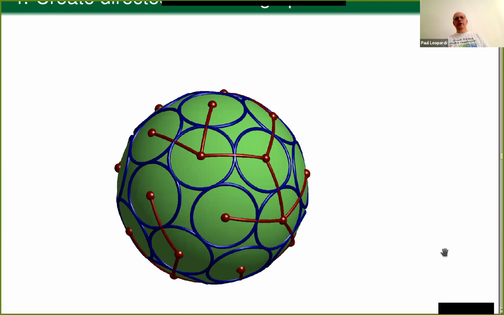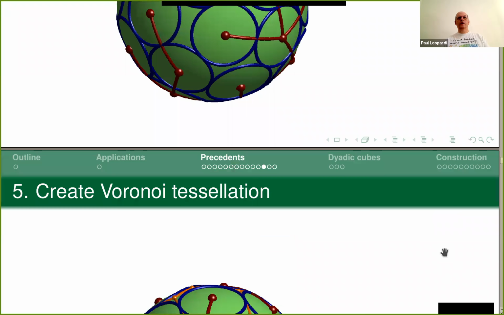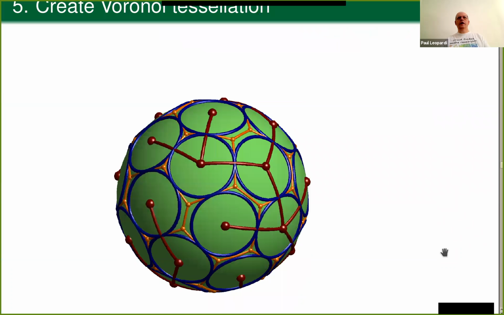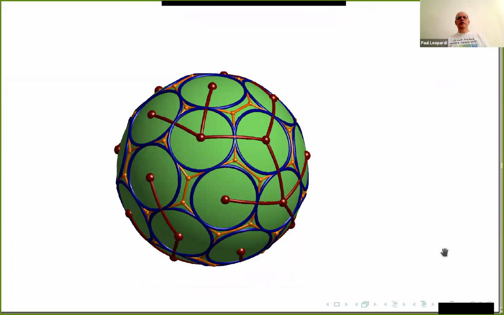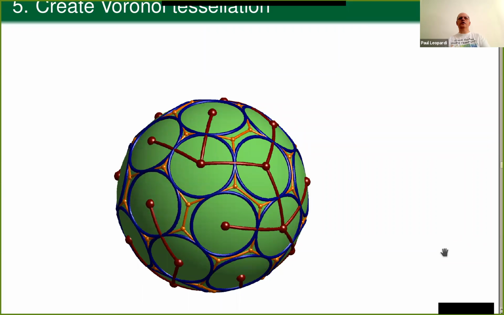There may actually be essentially two centers in the tree, and you could just pick one and call it the root. Next step is to create Voronoi cells around each of the centers.